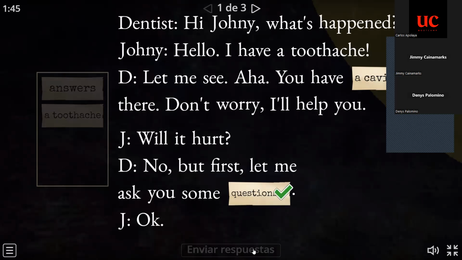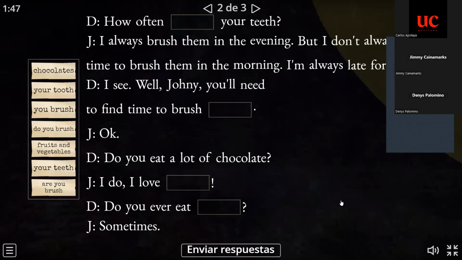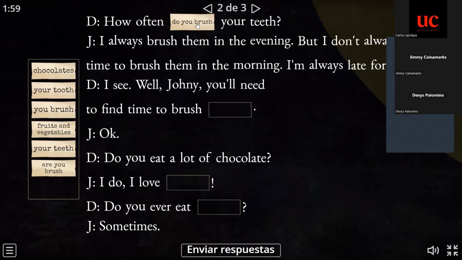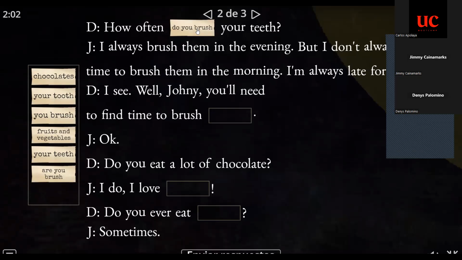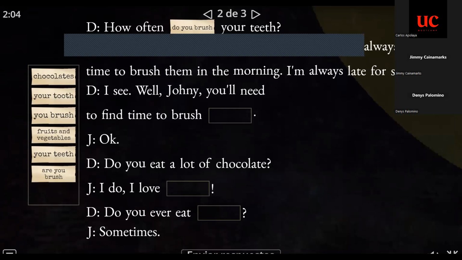Next. Dentist: How often do you brush your teeth? Johnny: I always brush them in the evening, but I don't have time to brush them in the morning.